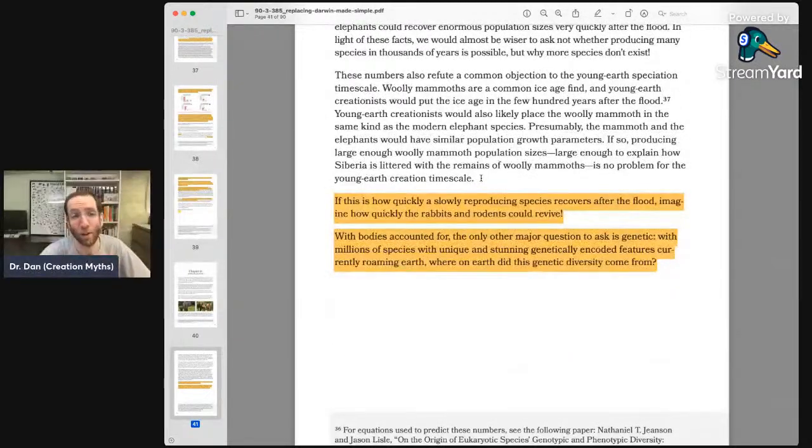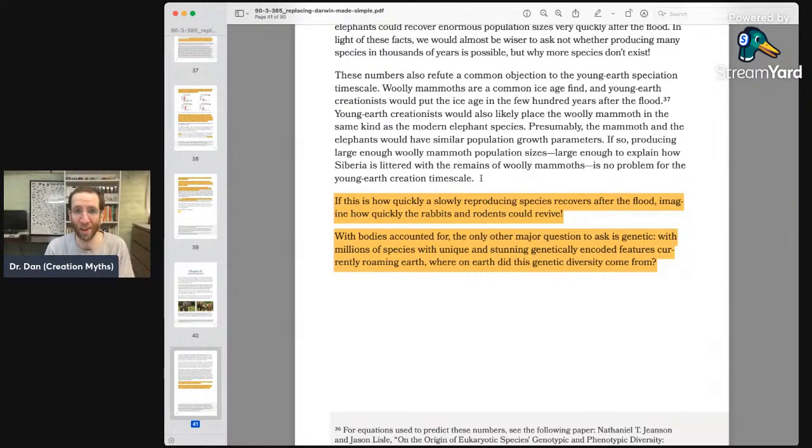What he ignores is that there's a concept called the minimum viable population, where if you get below a certain level, you have inbreeding and genetic drift, and you end up with lots of homozygosity. You have lots of harmful recessive traits that are expressed because you're homozygous for those traits, and then the population goes extinct.